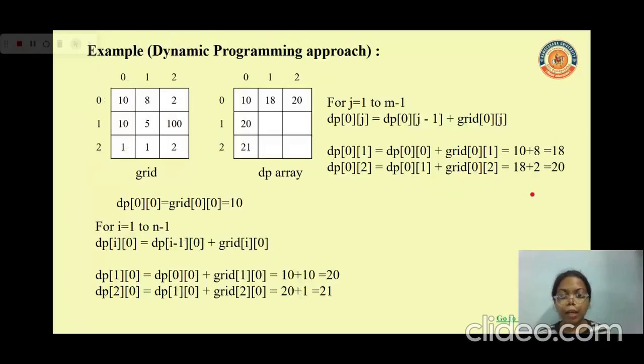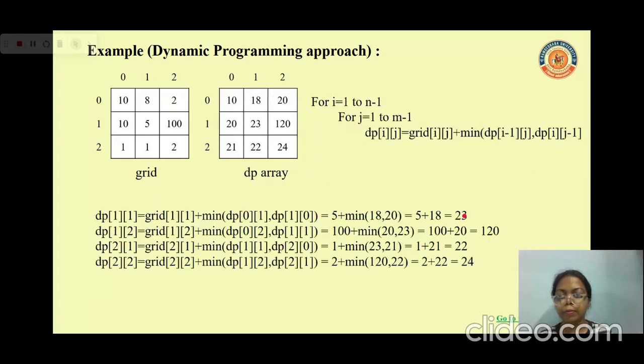Here is an example. This is my grid array provided to me. First of all, I will initialize my first row with the logic we have seen already. So for dp of 0, 1, I have 10 plus 8, 18, and for the next value I have 18 plus 2, 20, and similarly I have filled the column values, and these steps are properly written to give more clarity.